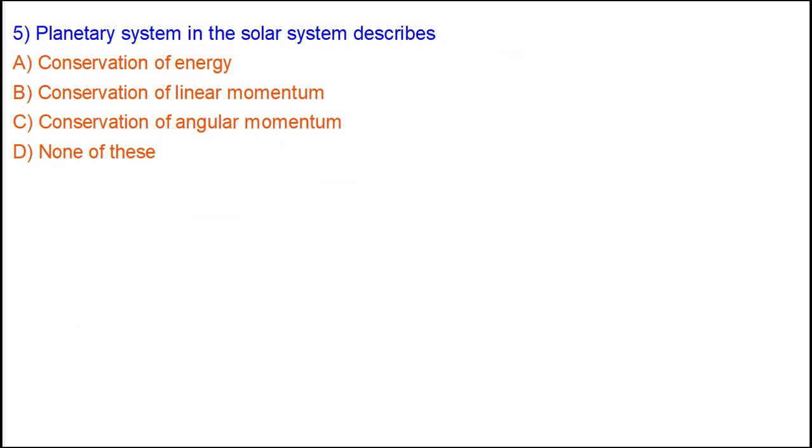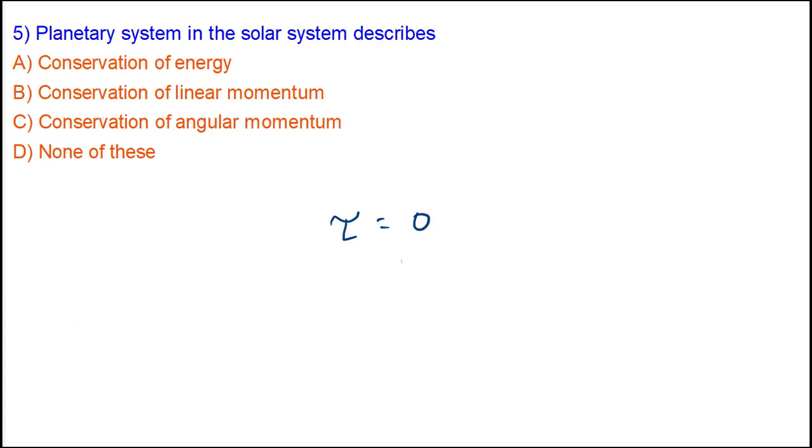Next is question number 5. In planetary system, the solar system describes conservation of energy, conservation of linear momentum, conservation of angular momentum, or none of these. Now in planetary motion, the torque acting on any of the planets moving around the sun is 0.